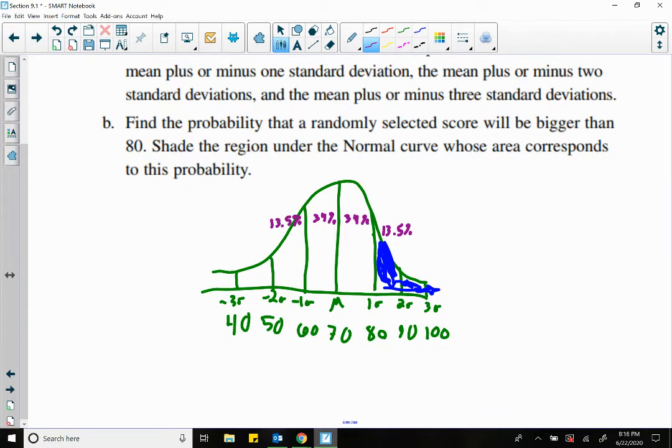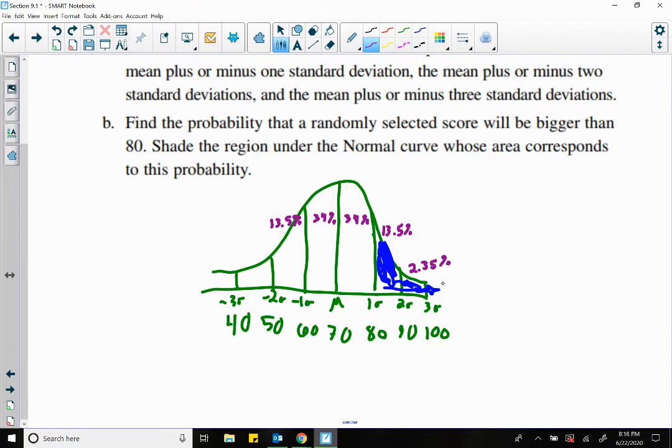13.5%. Let me just double check my math on that, because sometimes I forget. Yep, 13.5. And then from there, this was 2.35%.